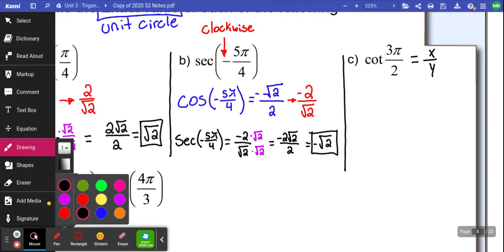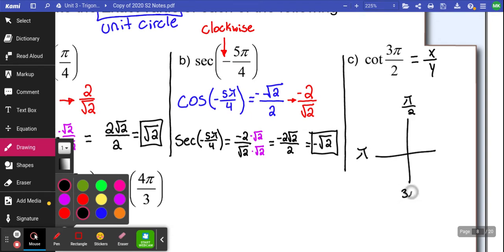Looking at your unit circle, look for 3 pi over 2. So that would mean like 3 halves. If you're thinking about a unit circle, this is pi over 2. This is pi.